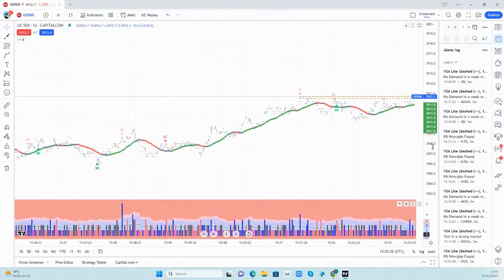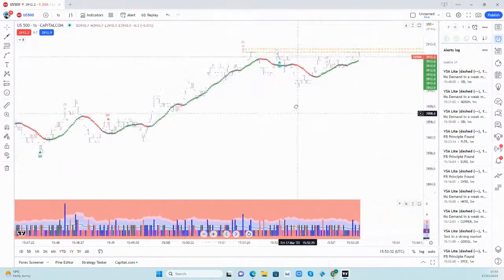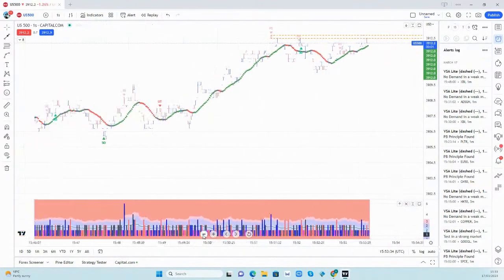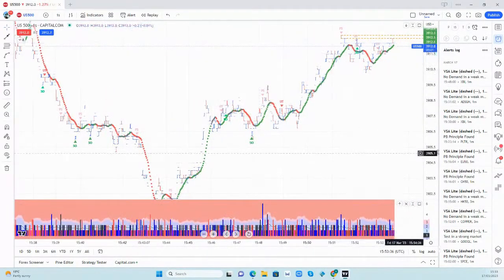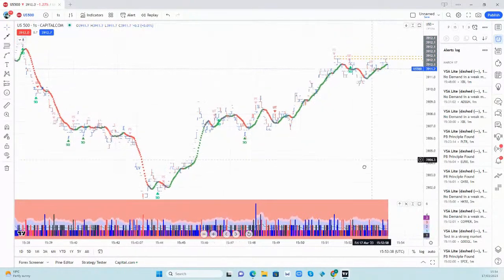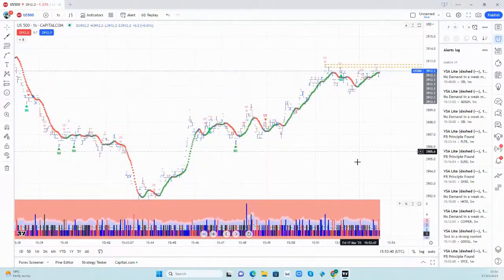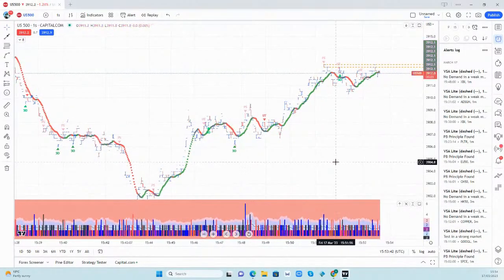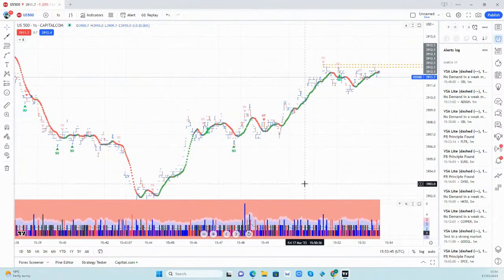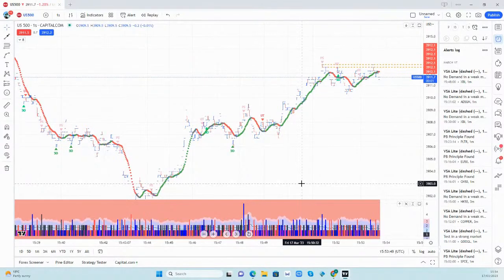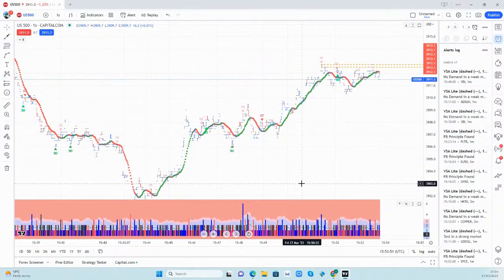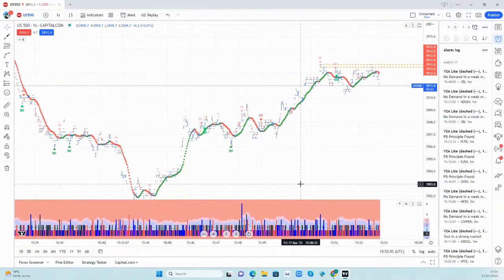What's happening to your 1 second chart? Market is pushing up. Okay, so we are since, and you know, 1 second chart, 10 minutes is a long time on a 1 second chart.